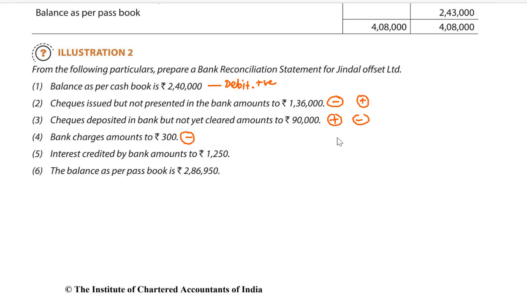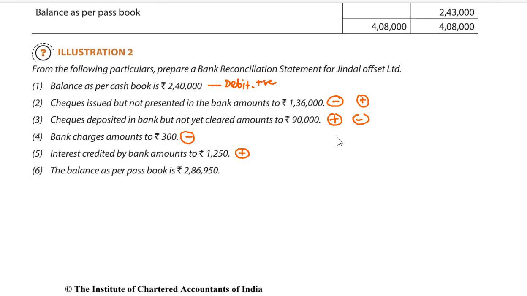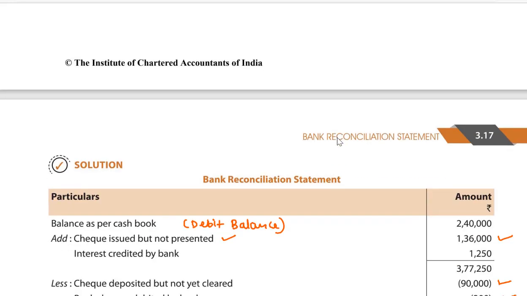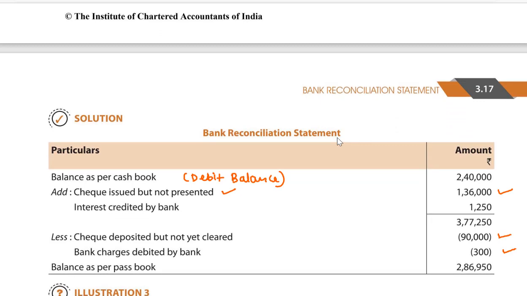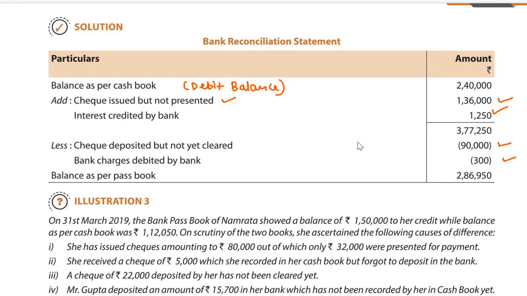Interest credited by the bank 1250. So the bank has given us interest, we also need to add it. So this would be add. Bank interest credited 1250. And at last the final balance is given. So 2,40,000 plus 1,36,000 plus 1,250 minus 90,000 minus 300.